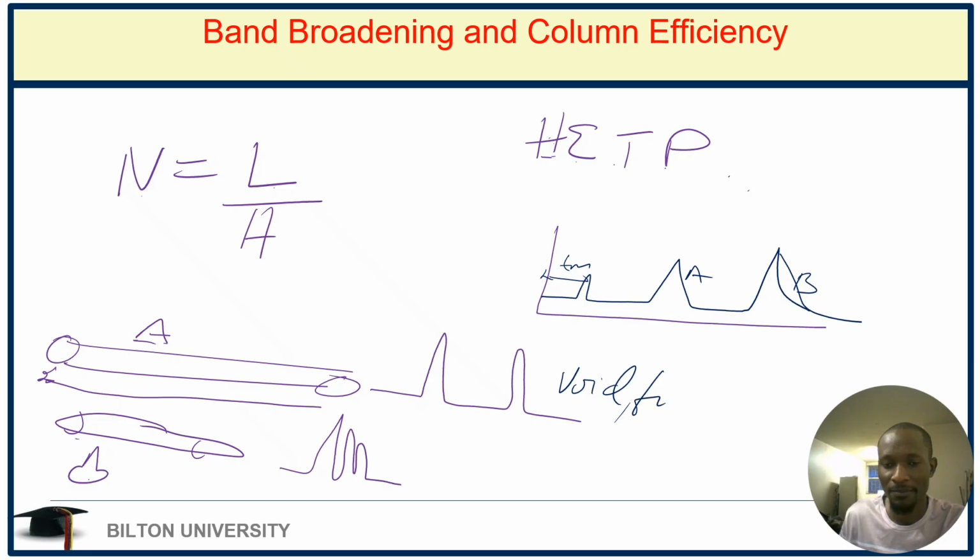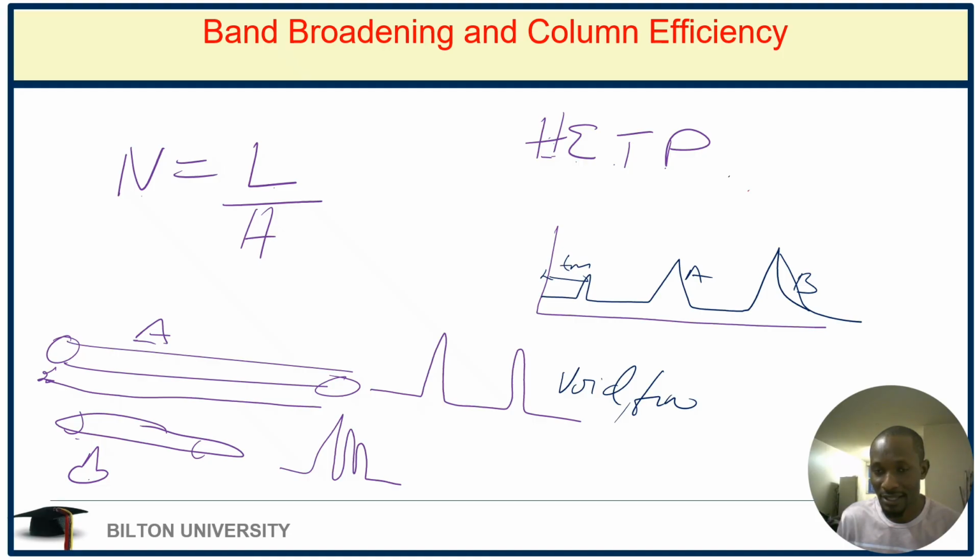It is the time of the unretained species. Unretained species are the species that do not interact with the stationary phase. They are in the mobile phase. Immediately you introduce the mobile phase, they go quickly and they are the first to be detected.